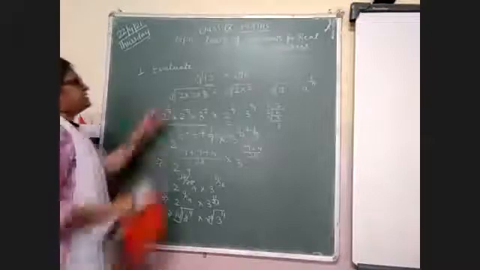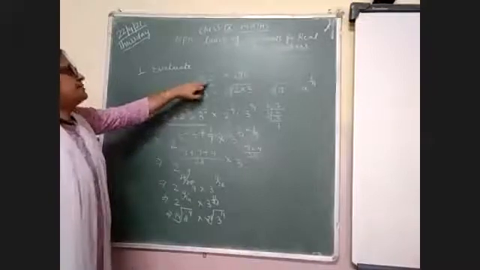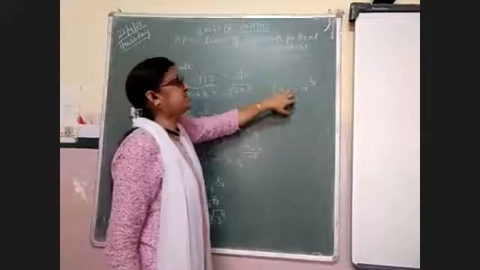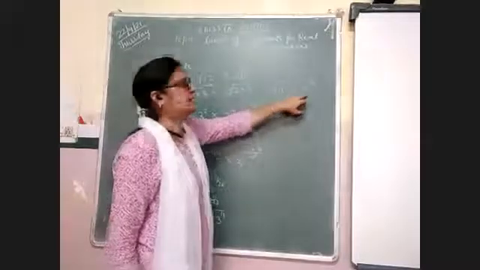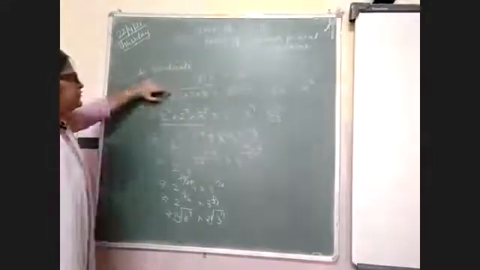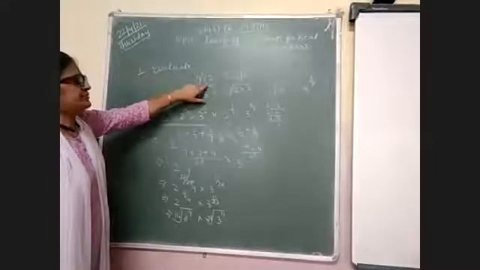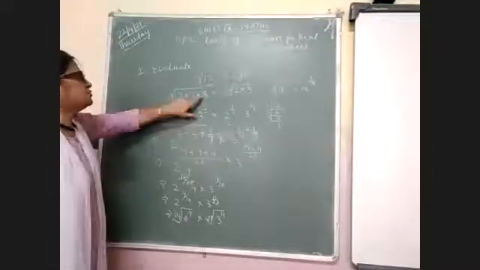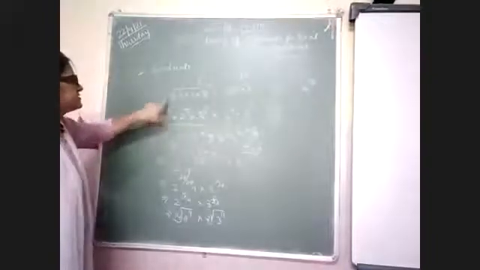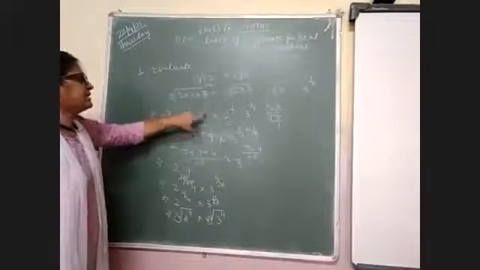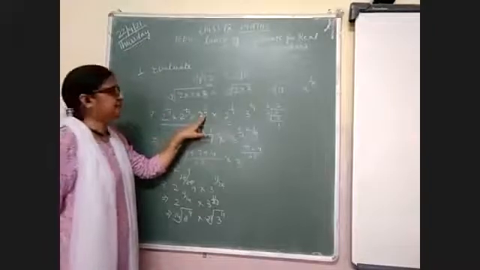Again, I am repeating this question: the fourth root of 12 into the seventh root of 6. The nth root of a, this is the last law of the exponent. You can write it as a raised to the power 1 upon n. I have taken the prime factorization of 12: 2 into 2 into 3. You can write 2 raised to the power 1 by 4, 2 raised to the power 1 by 4 and 3 raised to the power 1 upon 4.